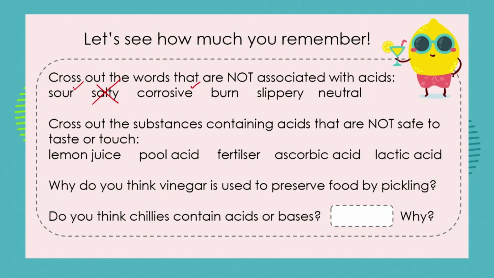That is definitely a property of acids. They can burn you. Do they feel slippery to touch? No, they tend to feel rough to the touch on our hands because of the burning and corrosive nature. Are acids neutral? No, we don't associate neutrality with acids.